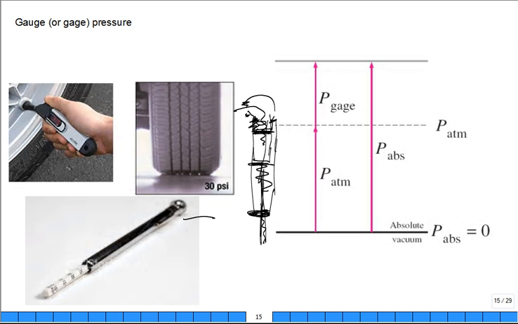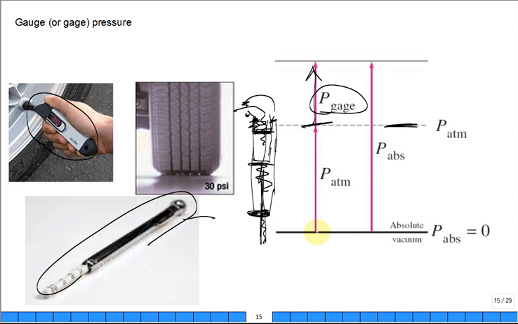So now we hook up with this gauge to measure the air pressure in the tire. It's measured from atmospheric pressure. That's the gauge pressure. Because it's not measuring anything out here, I've got to put it on higher pressure. So it's measured relative to atmosphere. Atmosphere is around 15 psi. So if I measure 30 psi in a tire, what's the psi absolute?